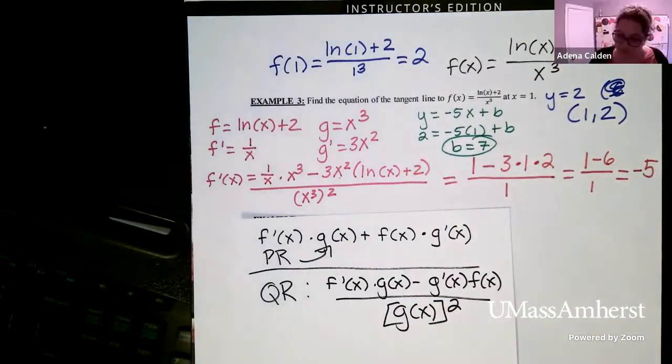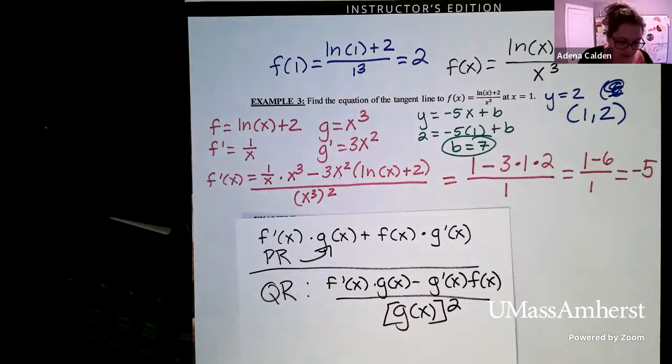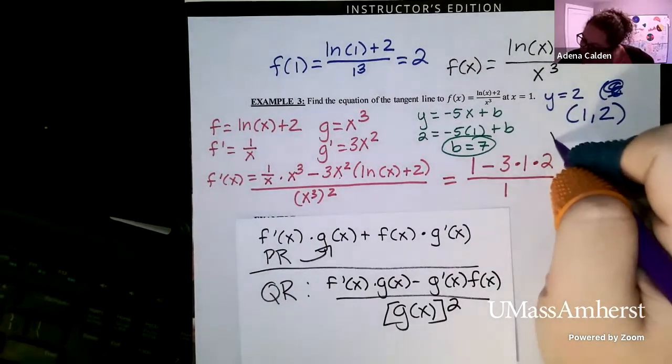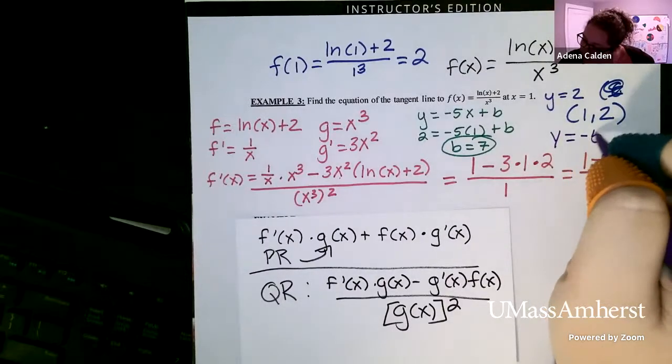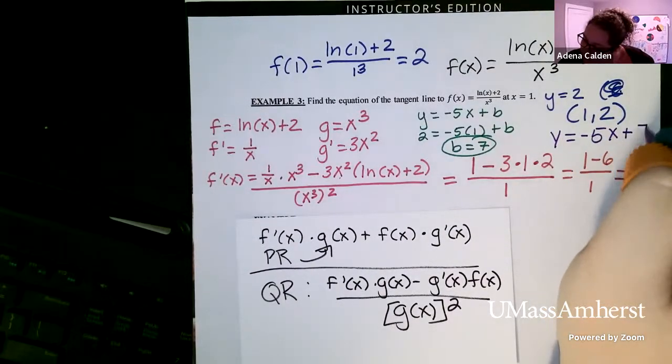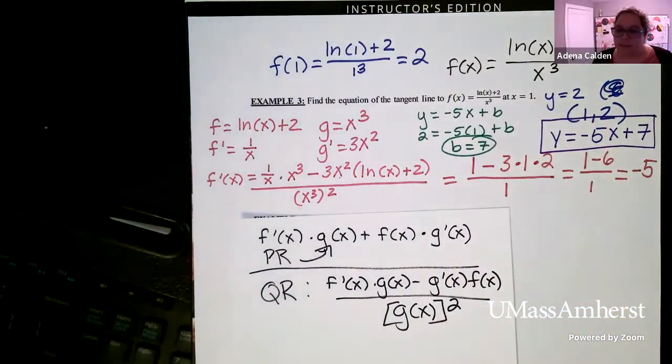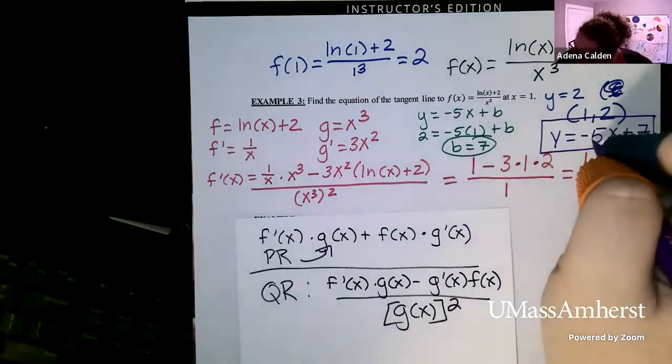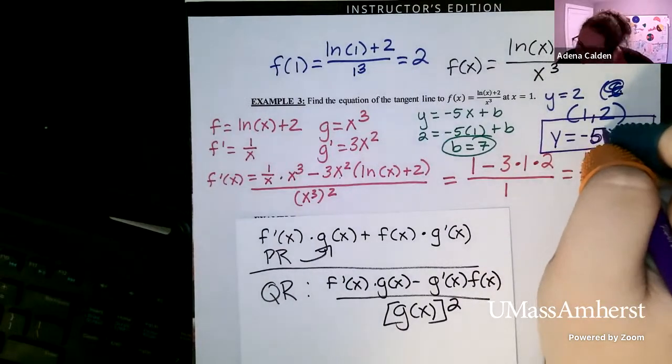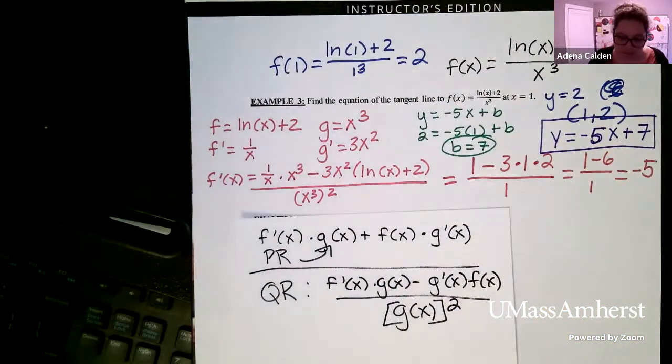So now that I have all the pieces, I can put them together, and the final equation of my tangent line will be y equals negative 5x plus 7. Okay, that's a 5. The bottom of the loop got a little goofy. So negative 5x plus 7.